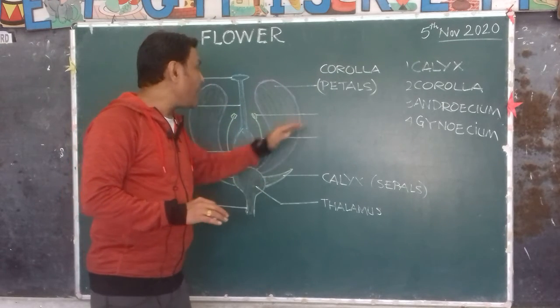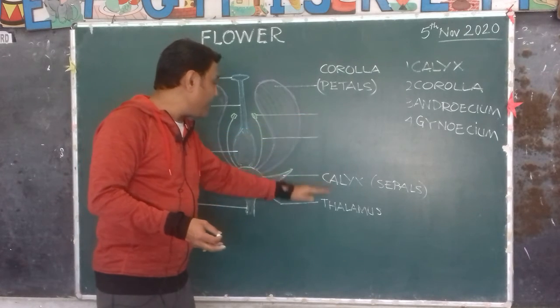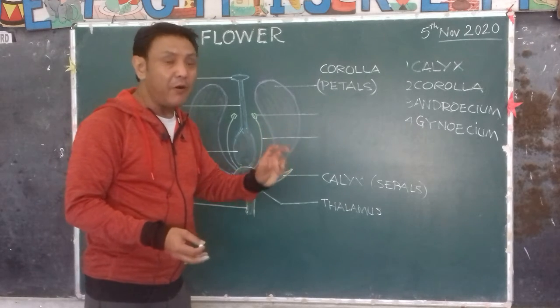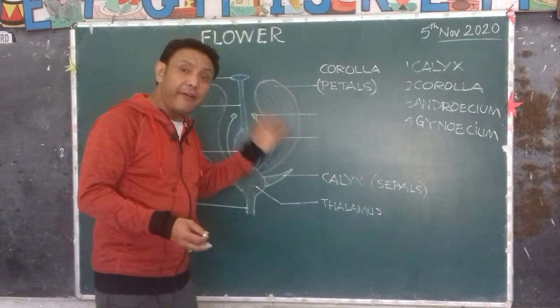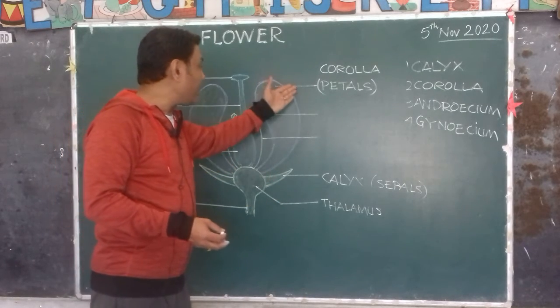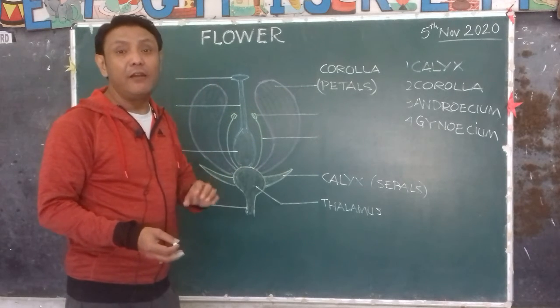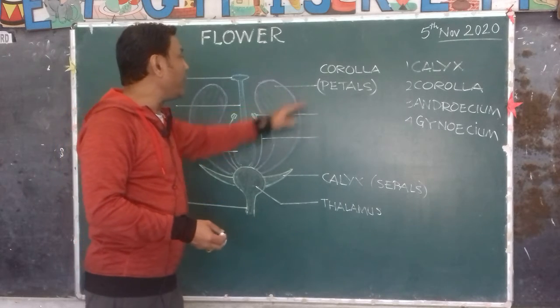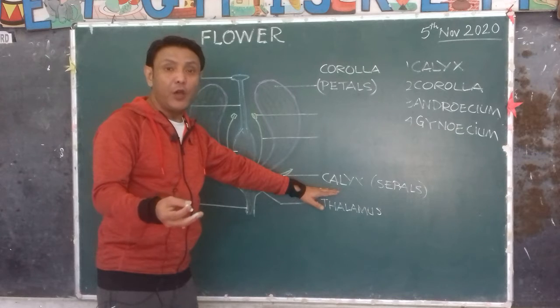The petals and the calyx just help the flower, to protect it and to attract the insect. They are not directly involved in sexual reproduction. That is why we call the corolla and the calyx accessory whorls.